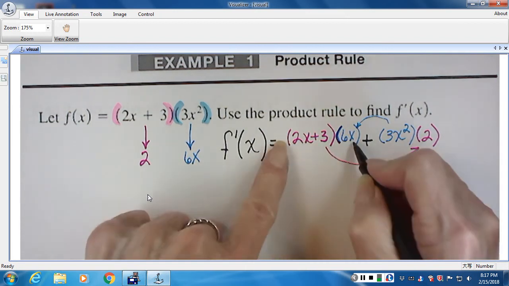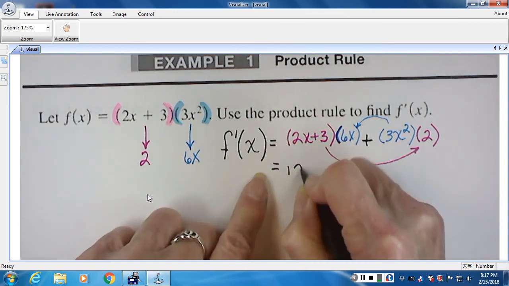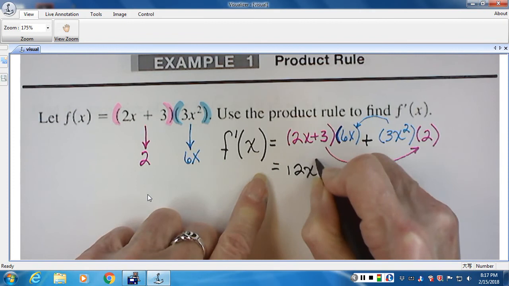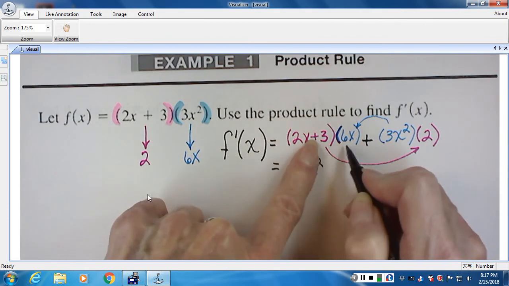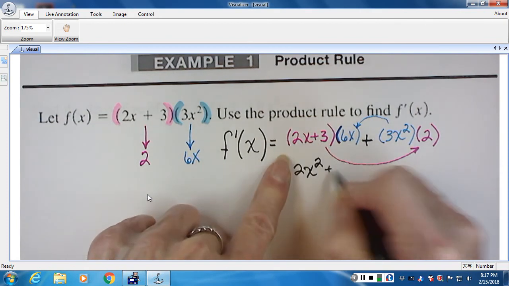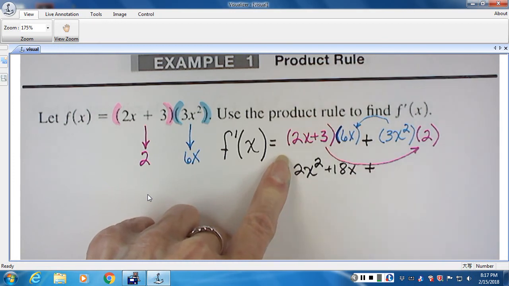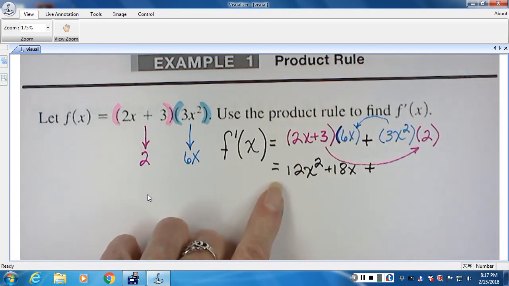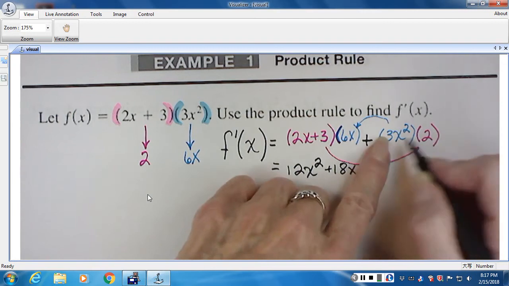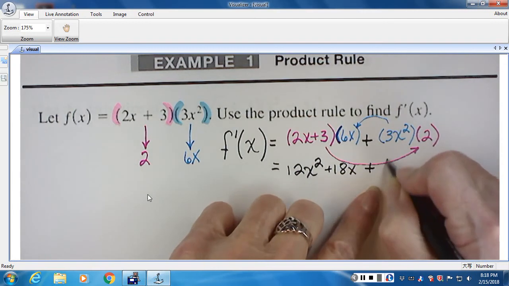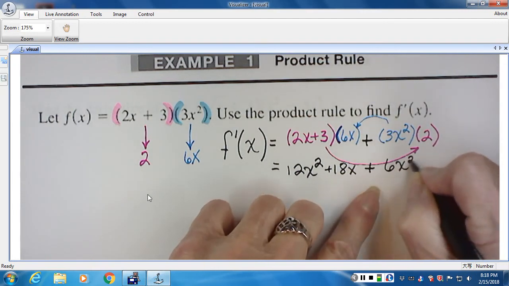So 6x times 2x is 6 times 2 is 12x squared. 6x times 3 is plus 18x. And because it's addition, we don't have to worry about sign changes at this point. And then 3x squared times 2 is 6x squared.